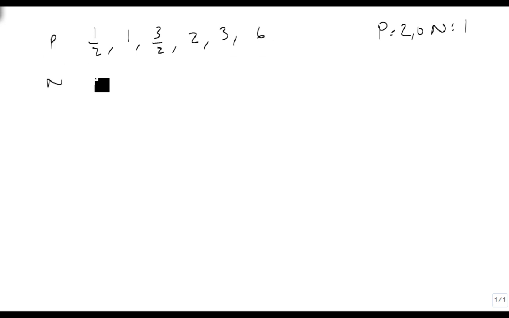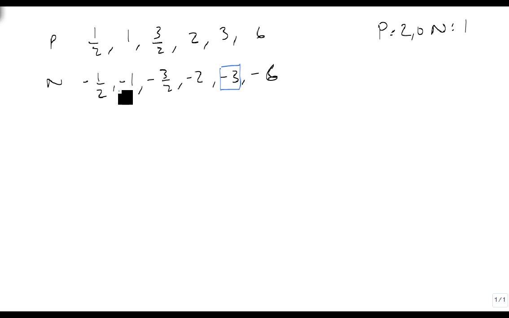These are my positives, and for my negatives, I'm going to have minus 1/2, minus 1, minus 3/2, minus 2, minus 3, and minus 6. So I'm going to pick a number, and I kind of want to pick negative 3 to start with, because the chances are good it's not the 6 unless there's a bunch of 1s. So I'm not going to deal with the 6. Let's deal with the negative 3 first. And I'm picking this because if I find it, then I'm done, and if I don't, I'll know somewhere of where to look.